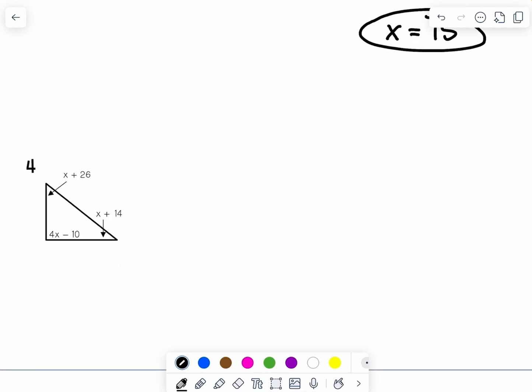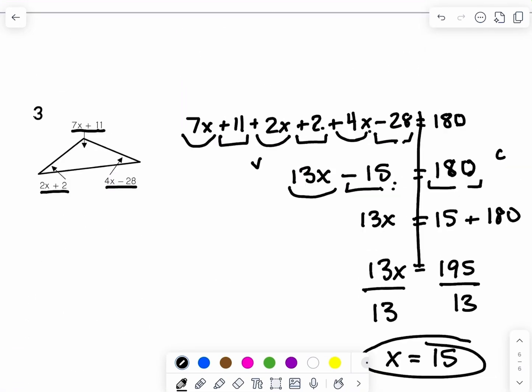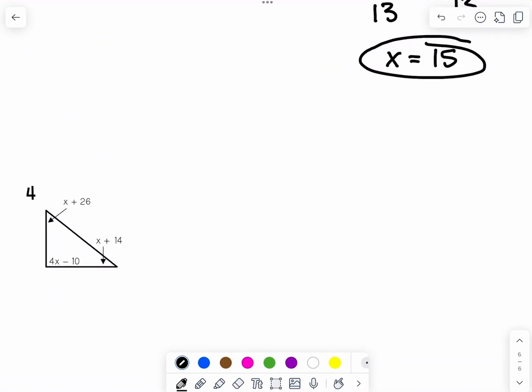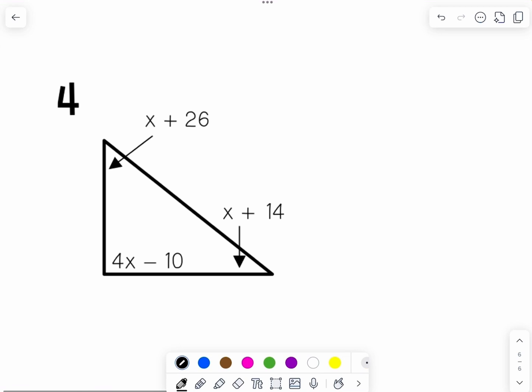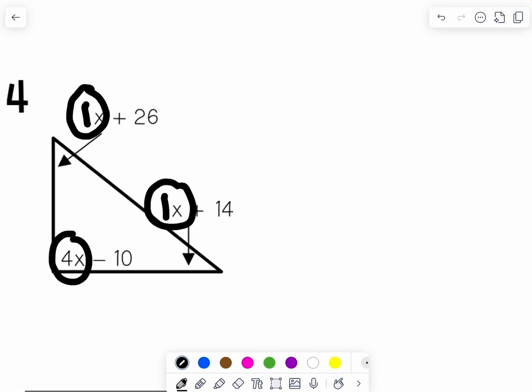And then for 4, I'm going to show you a quicker way. So instead of writing all the big long equation out like in these problems, all I'm going to do is combine my terms to begin. So let's say that these are both 1x, which we already know. 1x plus 1x plus 4x. 4 plus 1 plus 1 is 6x.